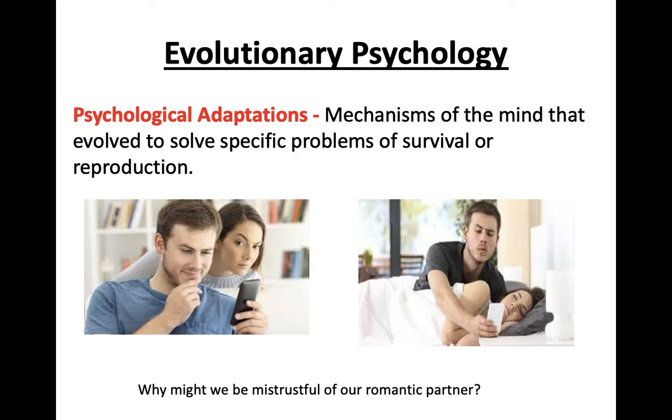That would explain in both cases why we still have things like jealousy. It all really comes back to wanting to make sure that we pass on our genetic information: in the case of a man, that he can be certain it's his genetic information getting passed on, and in the case of the female of the species, that the offspring carrying her genetic information will survive and be taken care of.